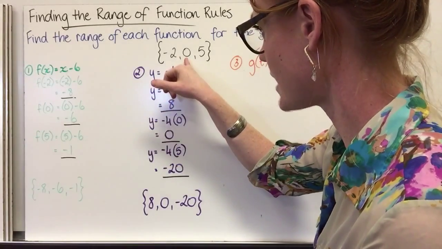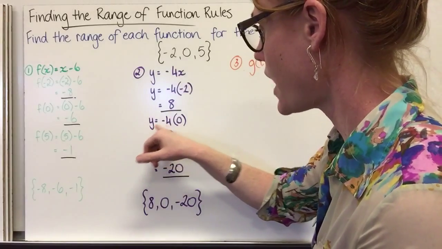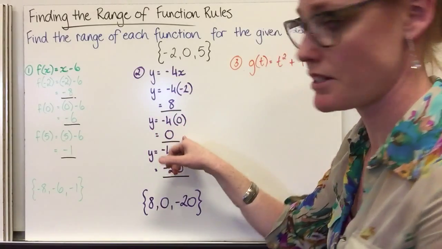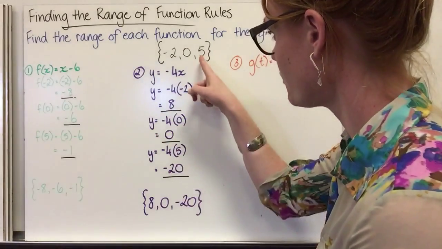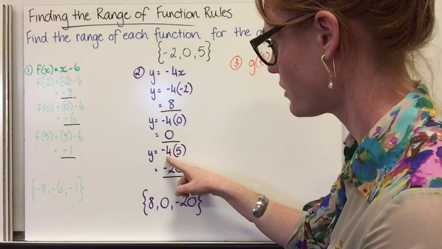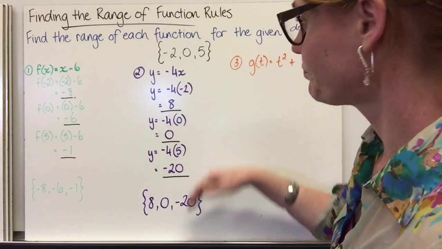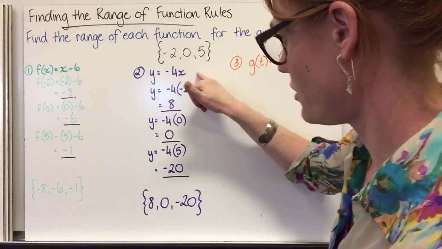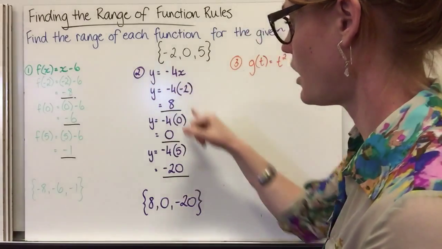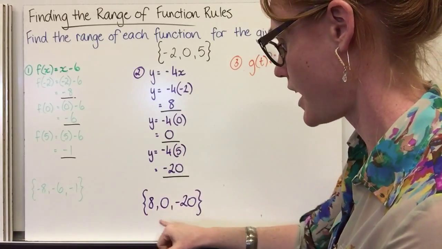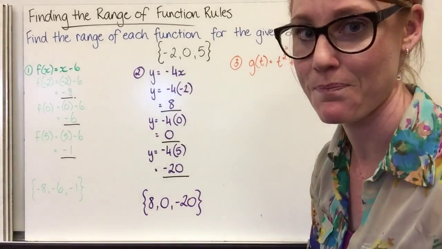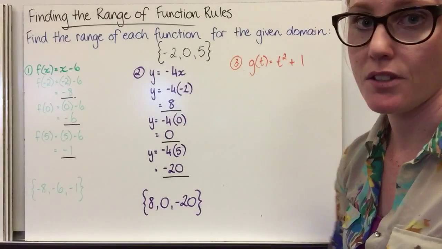And then we're going to plug in the second value, which is 0. y equals negative 4 times 0, which is 0. And the third value is 5, so y equals negative 4 times 5, which is negative 20. So our range values for this domain using this function are 8, 0, negative 20.